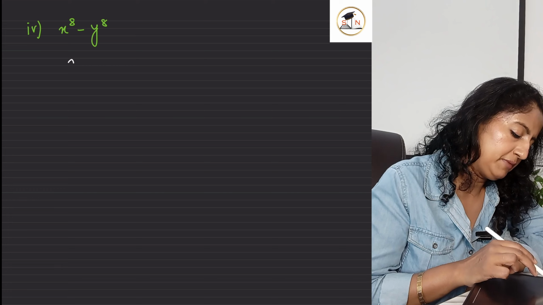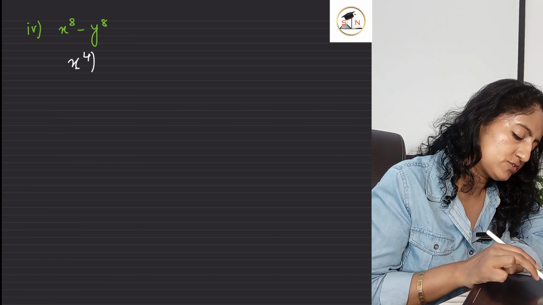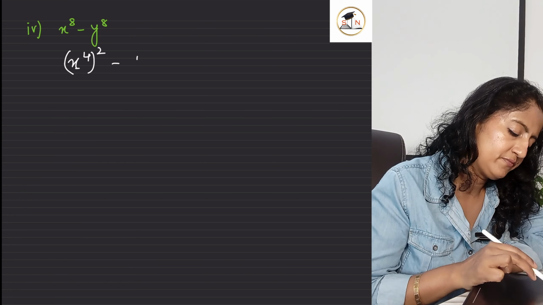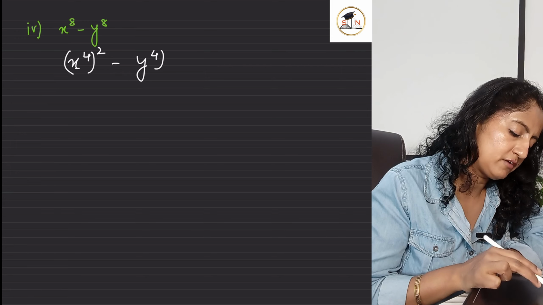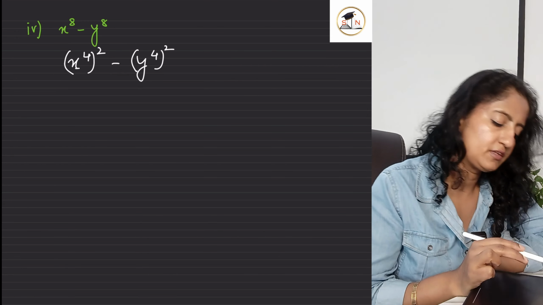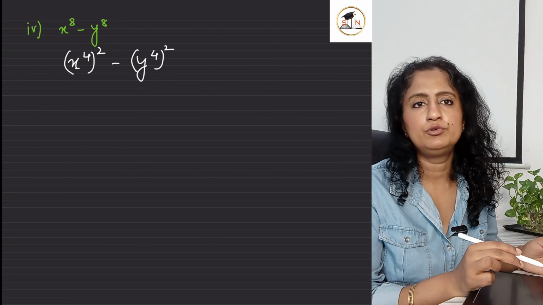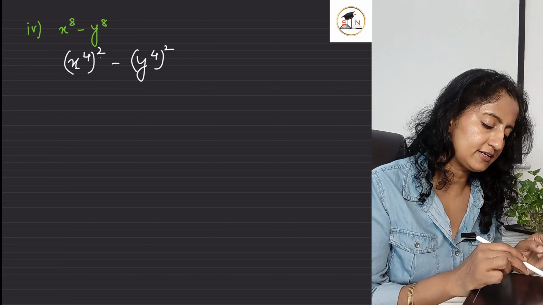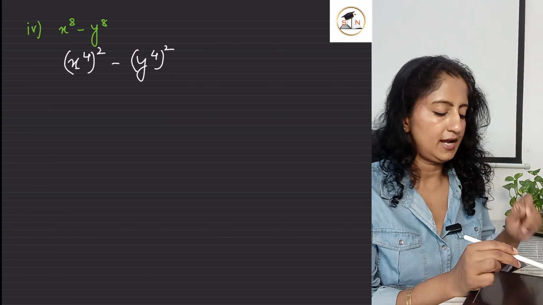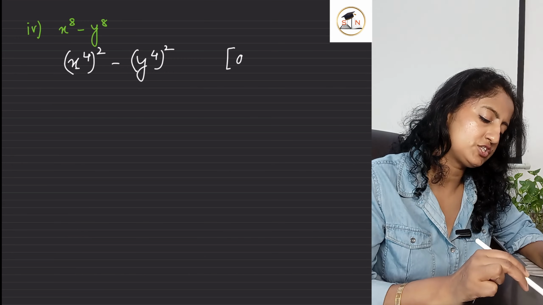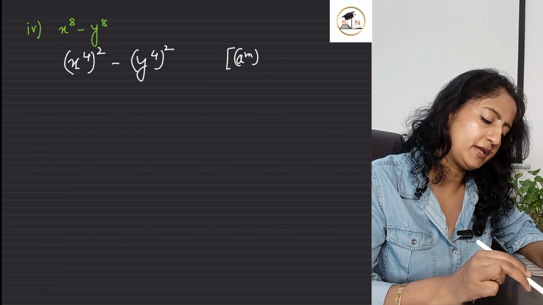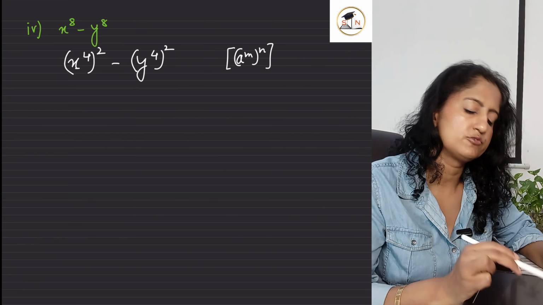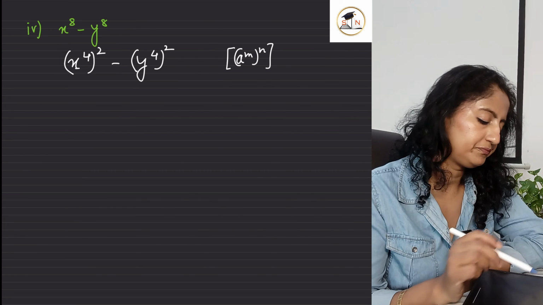I can write x to the power 4 whole square minus y to the power 4 whole square. 8 means 4 into 2, so I used factors of 8 as 4 and 2, and then I used the exponential rule, a to the power m, whole to the power n.